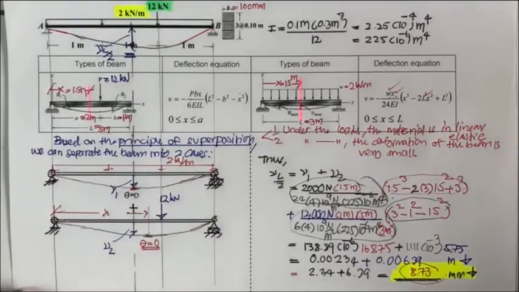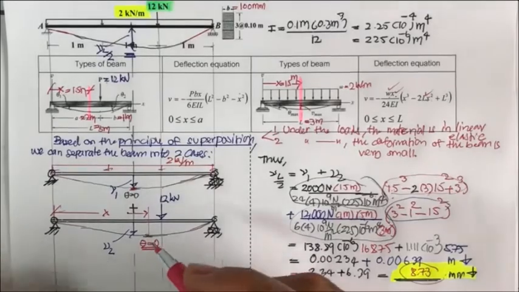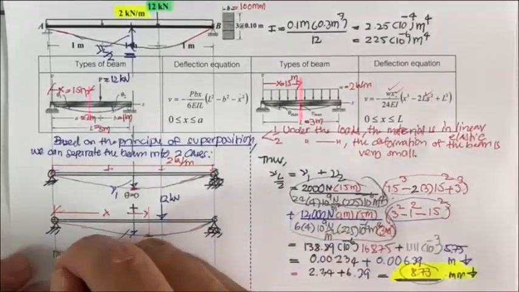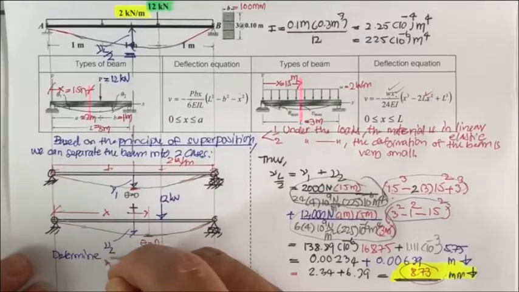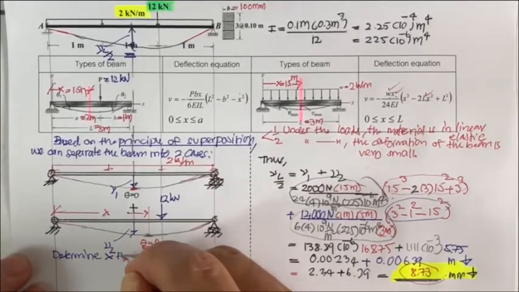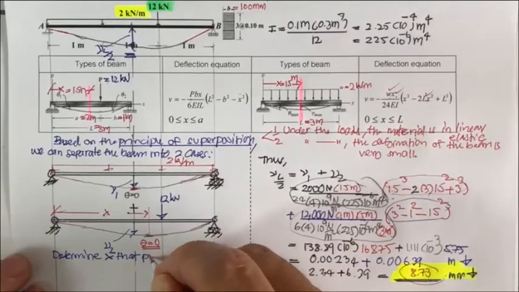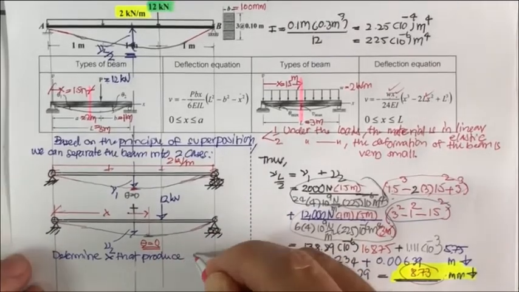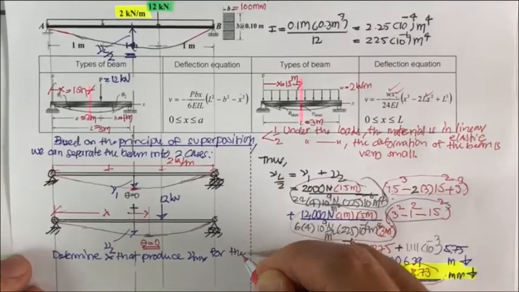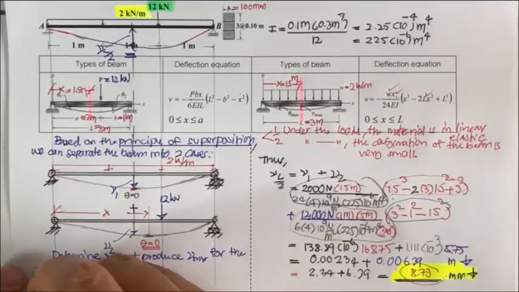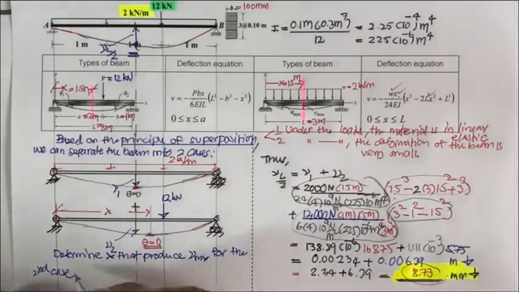So what we consider is to determine x dash to produce Vmax for the second case. Let's check.